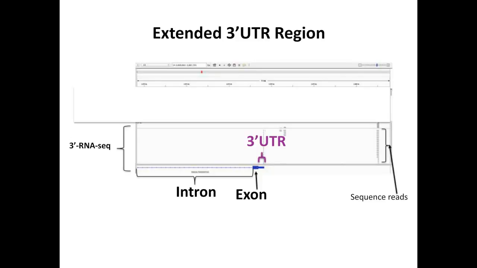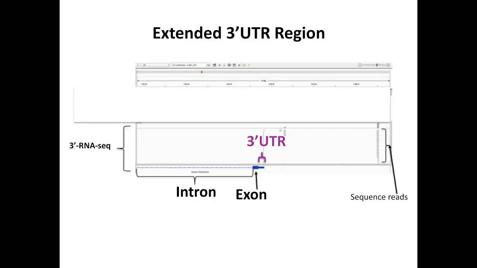Almost all of them map to this region. So we see that this region is much farther than where the transcript ends. You can see the transcript ends much shorter, but obviously this gene model shouldn't be correct and should be extended to cover a larger region.